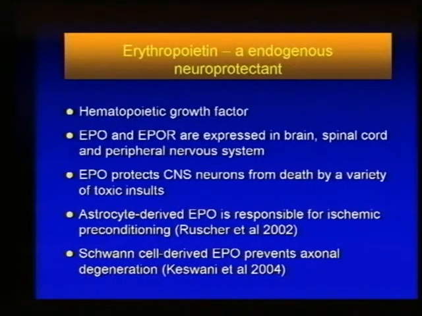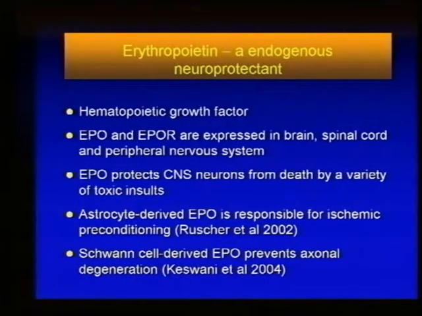Well, the long and short of it is that we think it's an endogenous neuroprotective factor, i.e. it's a factor that we all use to buffer against neuronal and, in particular, axonal injury. So in the brain, it's already known that erythropoietin produced by this glial cell, astrocytes, is responsible for the phenomenon called ischemic preconditioning.